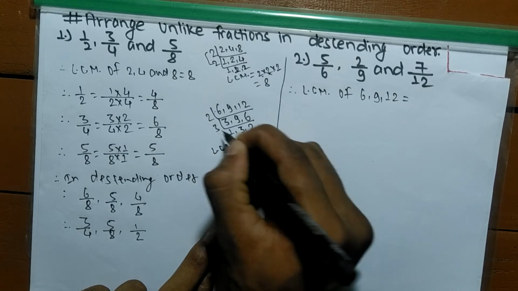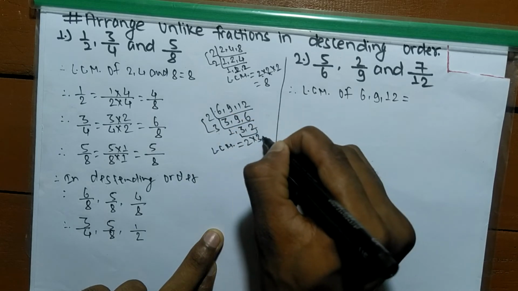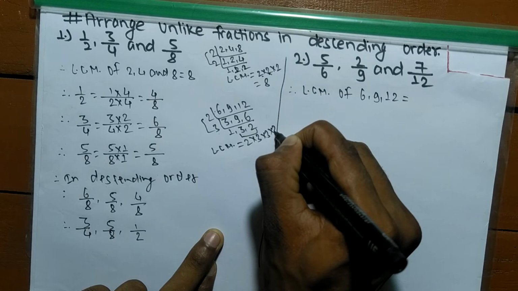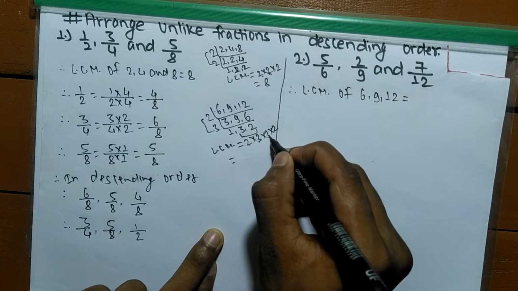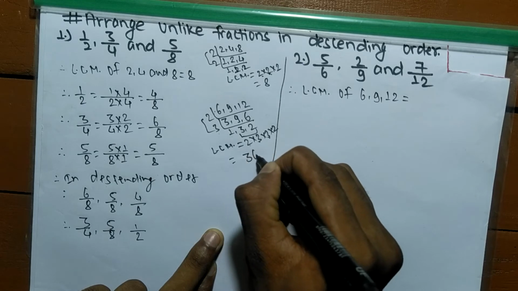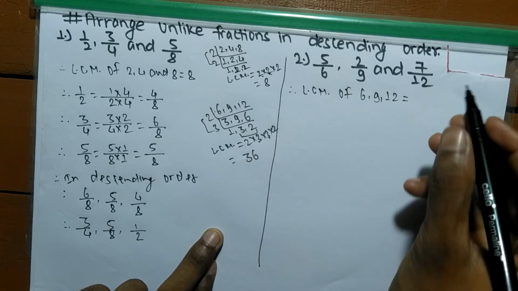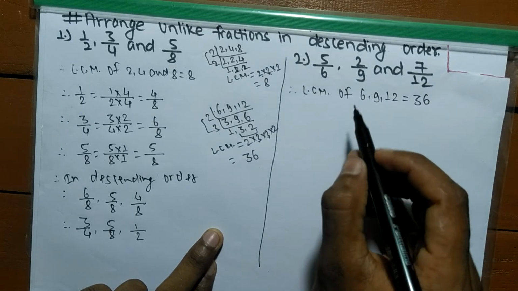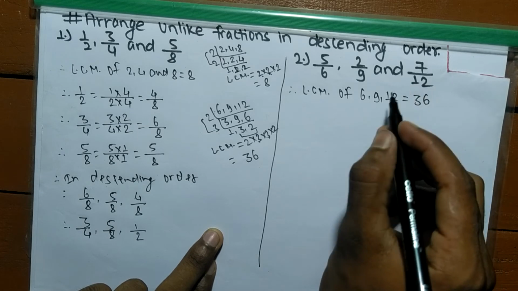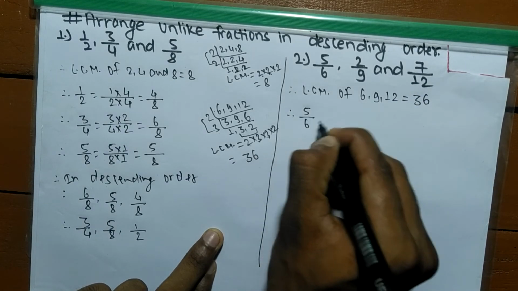So the LCM is 2 multiplied by 3 from here, and from here we can write multiplied by 3 into 2. So 2 times 3 is 6, 6 times 3 is 18, 18 times 2 is 36. So the LCM of the denominators 6, 9 and 12 is 36. Now we have to convert these unlike fractions into like fractions. The first fraction is 5 by 6.